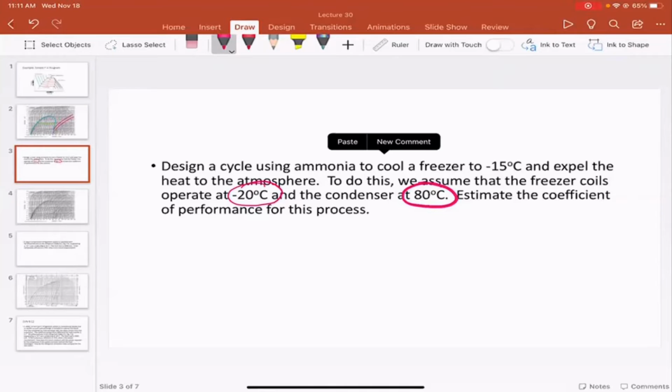And so one of the things that we're going to try to do is to figure out on our pH diagram that we drew previously where we are located, right?